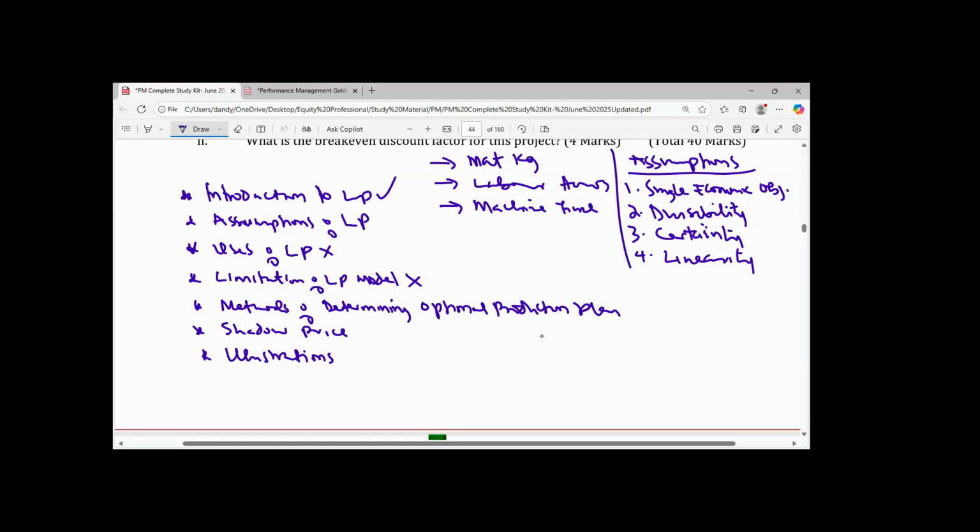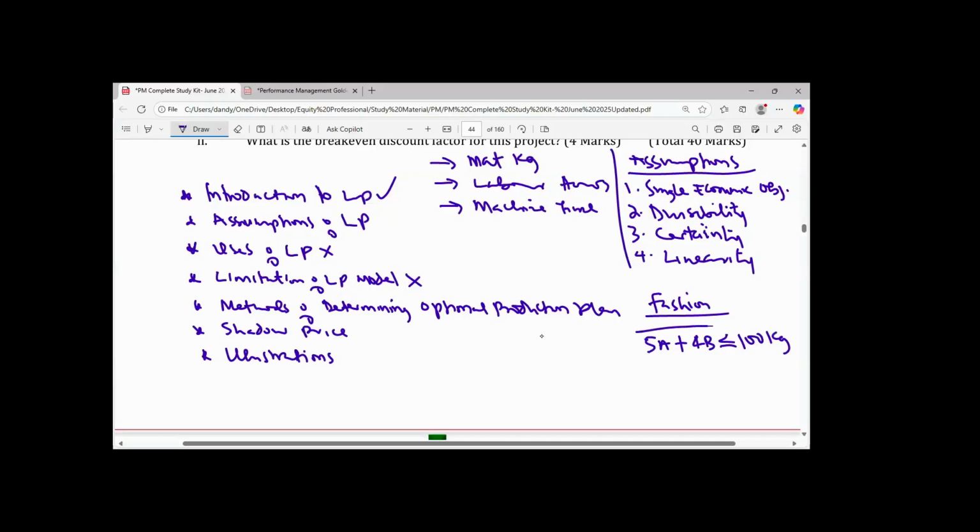So when you say linear fashion, let's say, for example, you have material, and you express something like this: 5 kilogram of material A plus 4 kilogram of material B less than or equal to, or simply equal to 100 kilogram.